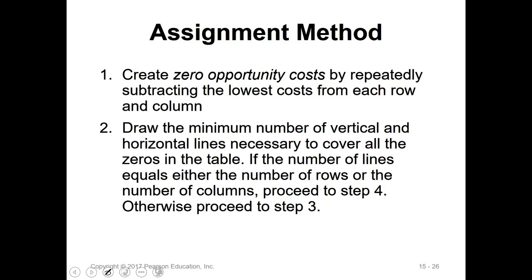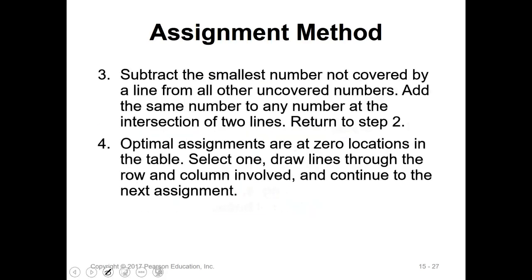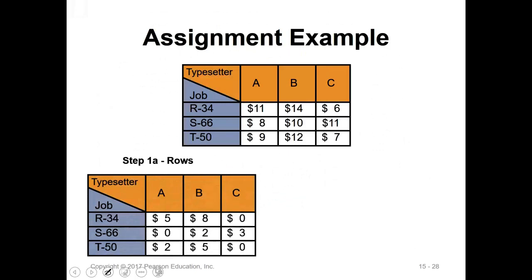If you continue to read, draw the minimum number of vertical and horizontal lines necessary to cover all the zeros in the table. If the number of lines equals either the number of rows or the number of columns, proceed to step 4. Otherwise, you have to repeat step 3. I think I want to skip reading the assignment method. How about we start with the example?